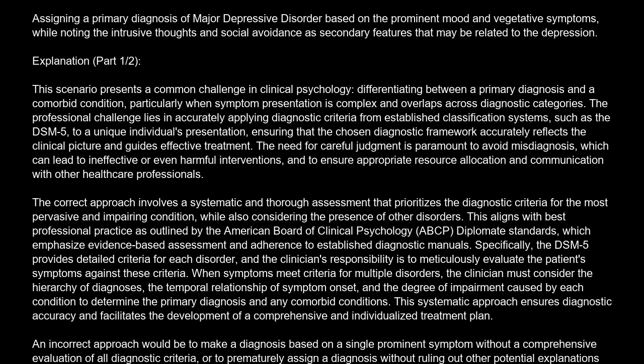When symptoms meet criteria for multiple disorders, the clinician must consider the hierarchy of diagnoses, the temporal relationship of symptom onset, and the degree of impairment caused by each condition to determine the primary diagnosis and any comorbid conditions. This systematic approach ensures diagnostic accuracy and facilitates the development of a comprehensive and individualized treatment plan.